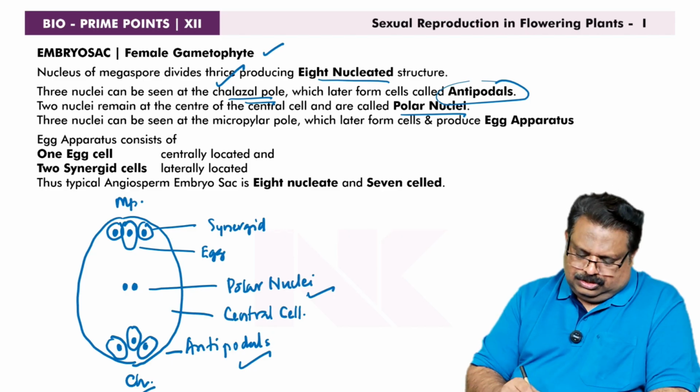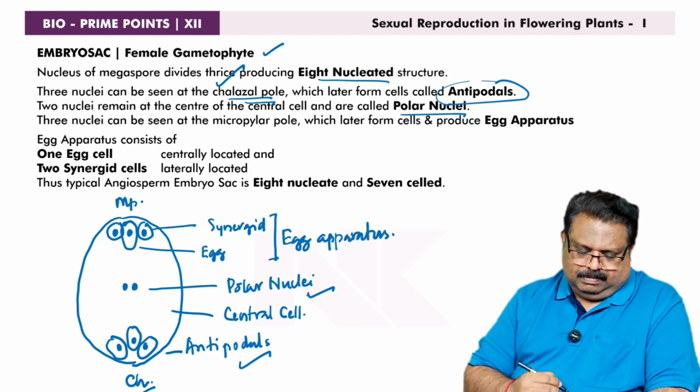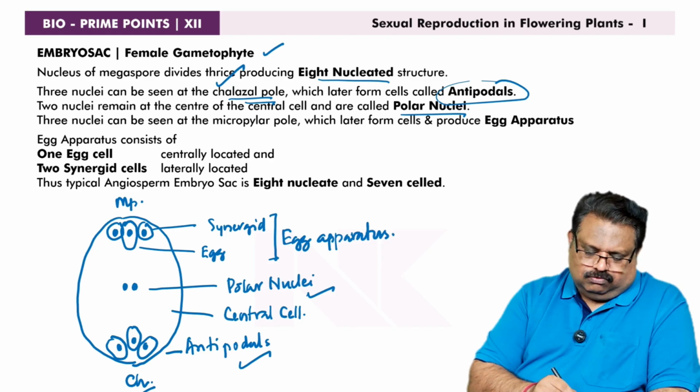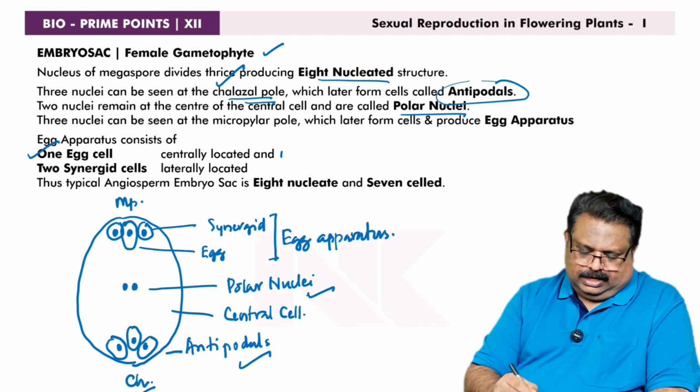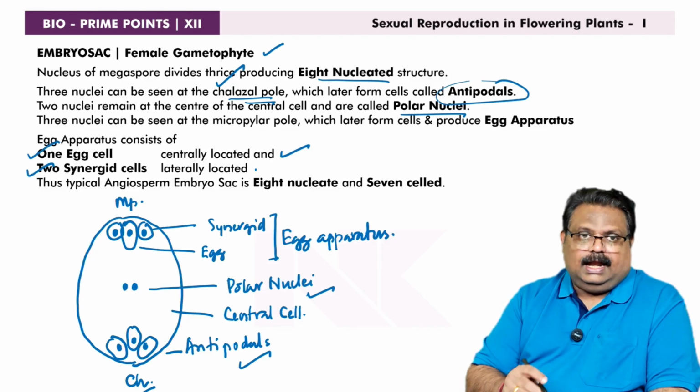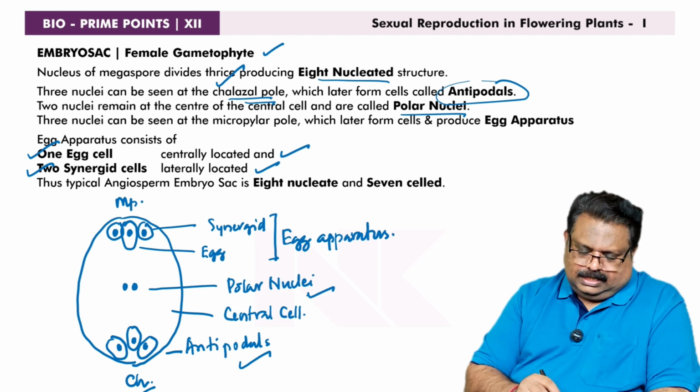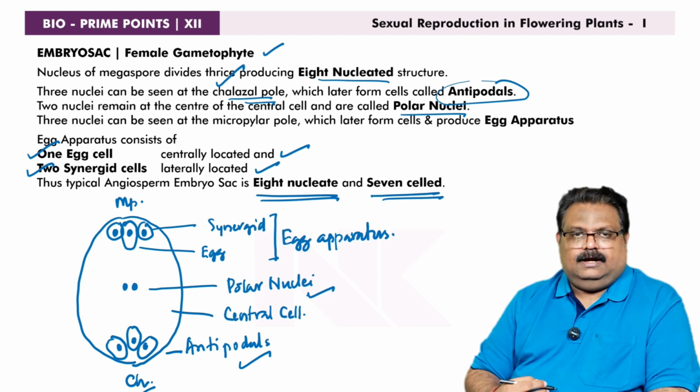What is egg apparatus? The egg cell and the 2 synergids are collectively called egg apparatus. Egg apparatus consists of 1 egg cell centrally located and 2 synergid cells which are laterally located.